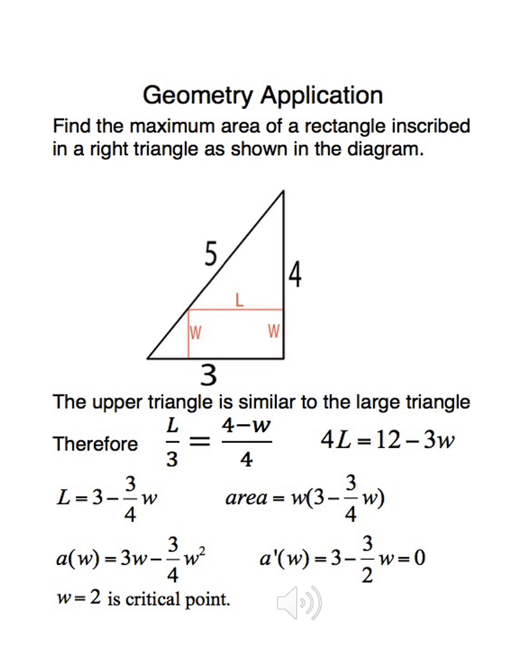This problem is an application of the first derivative test to a geometry problem. If we look at the picture here, what we have is a right triangle, and a rectangle which is placed as shown in the diagram.